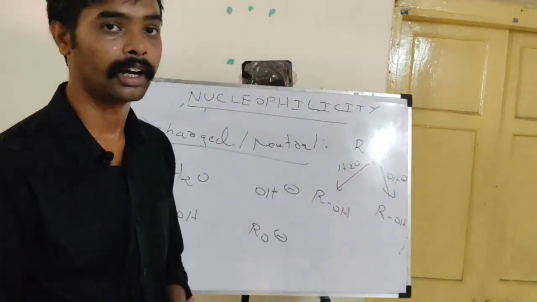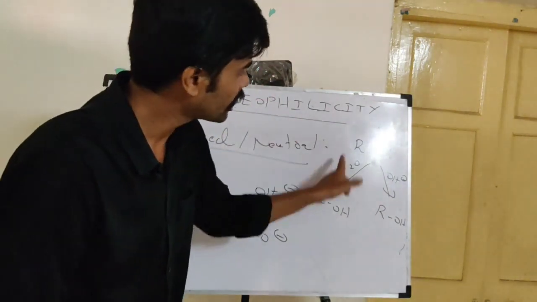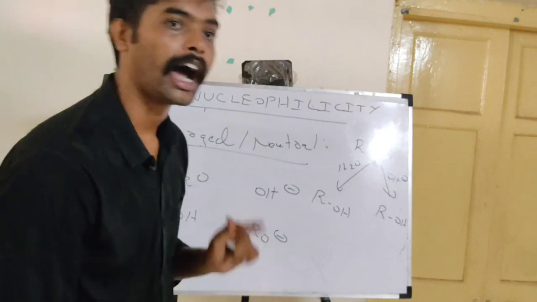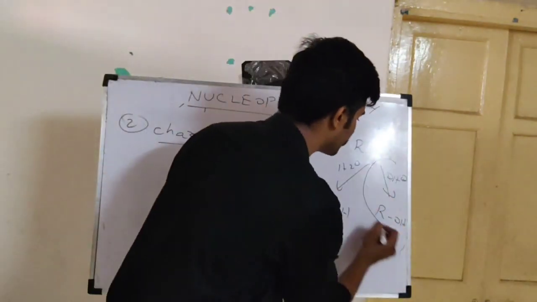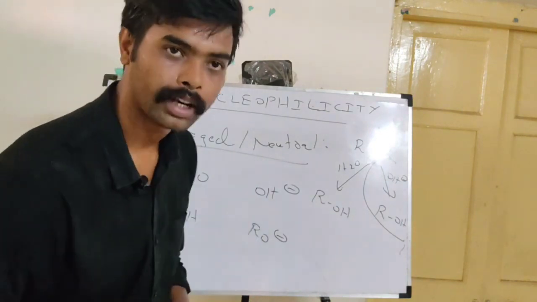Now as I already told you, nucleophilicity is a kinetic term. So if I look at out of these two, which reaction is faster, right? I found out that this reaction is faster, right? So now this is what we conclude.